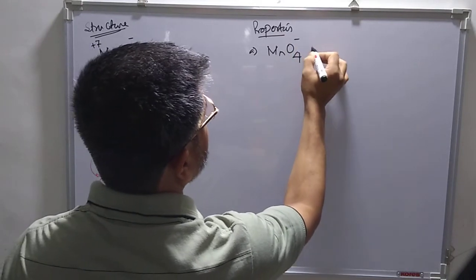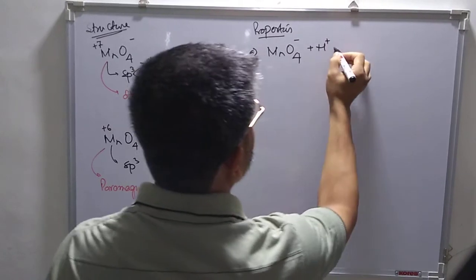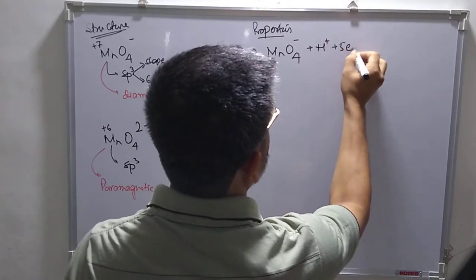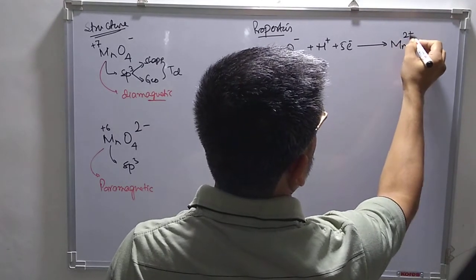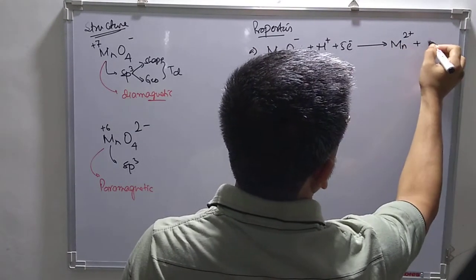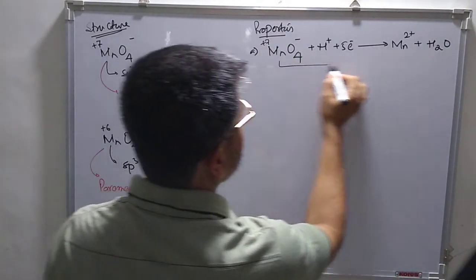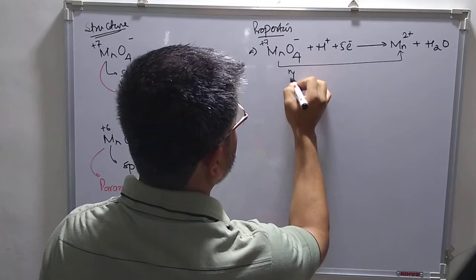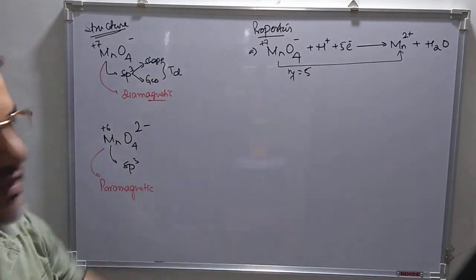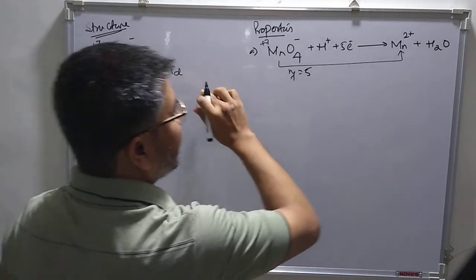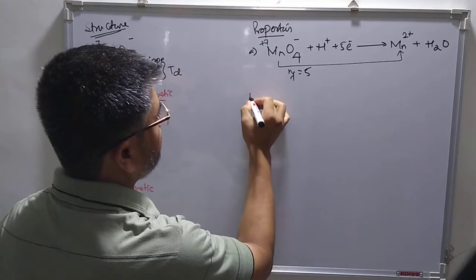MnO4 minus in acidic medium changes to Mn plus 2. So Mn plus 7 is changing to plus 2, so the n factor is 5. There is a total change in oxidation state by 5 units. So in acidic medium, this is the reason MnO4 minus always changes to plus 2.